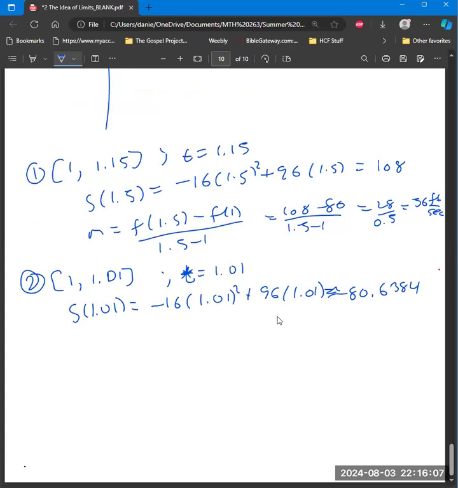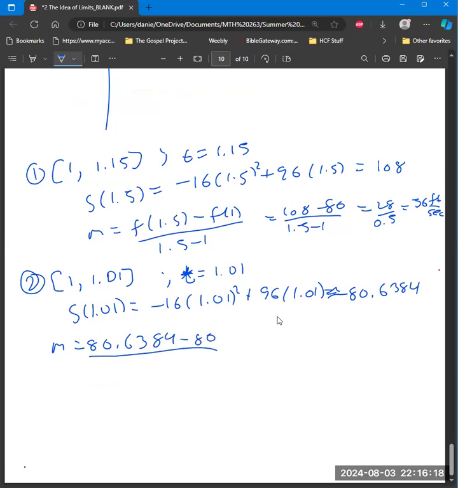And so my m is going to be 80.6384 minus 80 over 1.01 minus 1, which is 0.6384 over 0.01. It's going to be 63.84 feet per second.